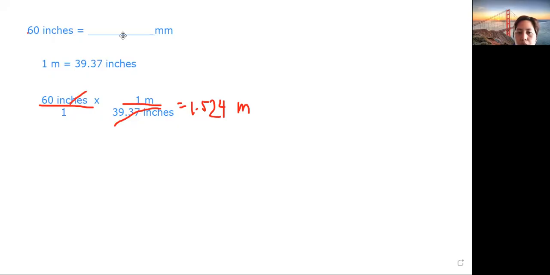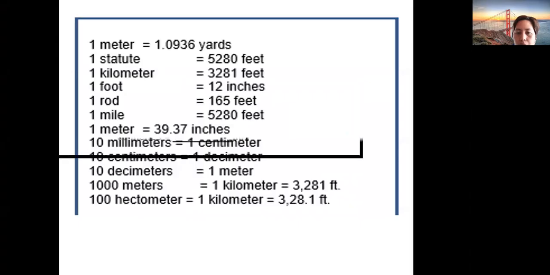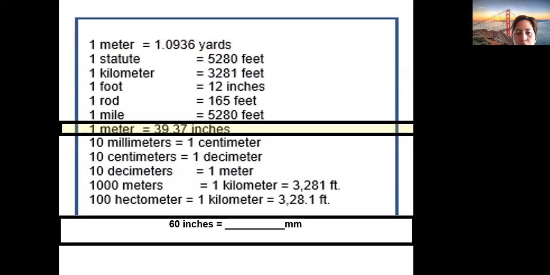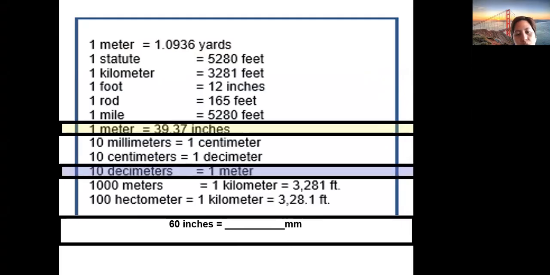We converted 60 inches to meter first instead of millimeter because we don't know yet what's the equivalent of 60 inches to millimeter. So we'll just have to use what is available. Next, let's now convert meter to decimeter.